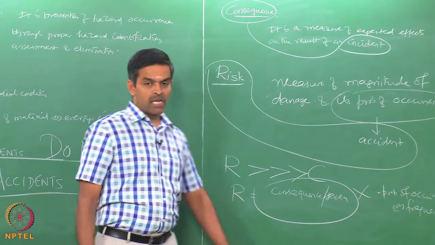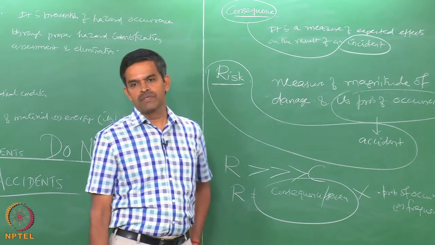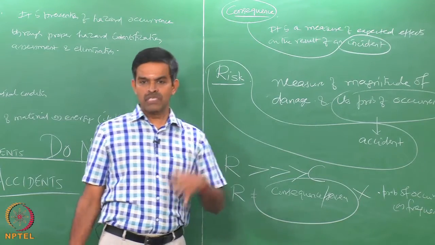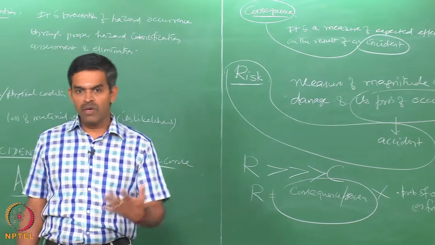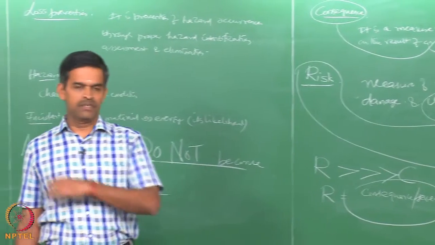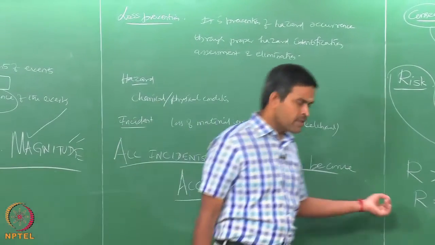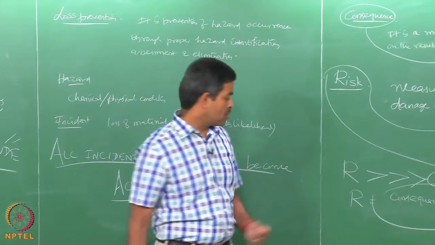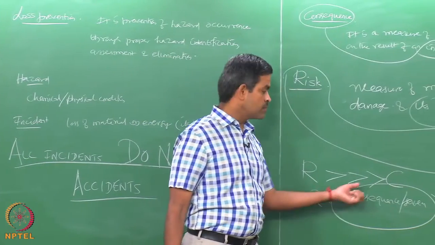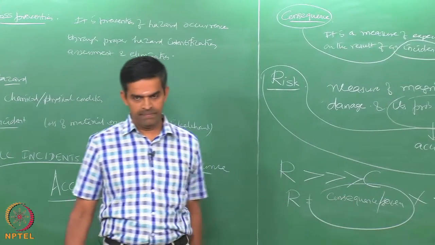So, risk assessment can be carried out in two formats. Both are unfortunately called QRA. One is qualitative, the other is quantitative. You can quantify risk in terms of number, you can qualify risk in terms of a relative scale.